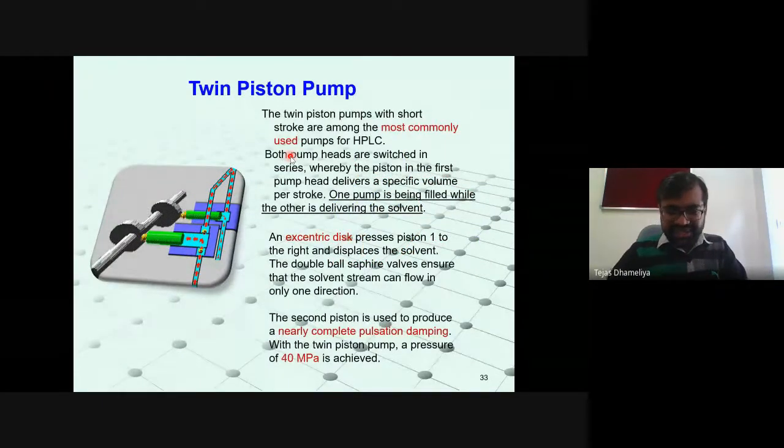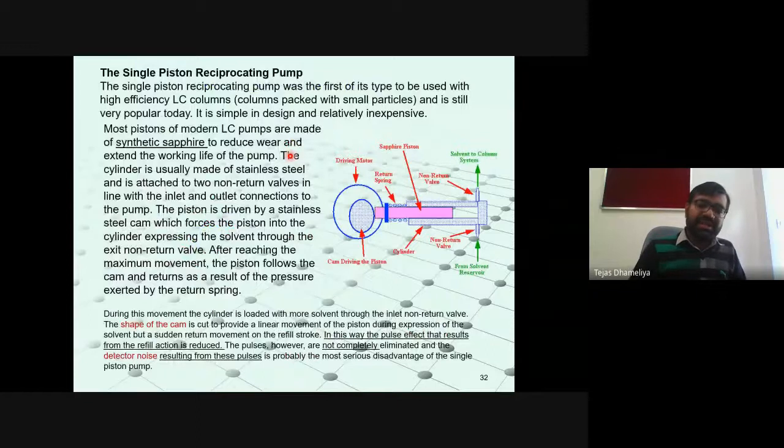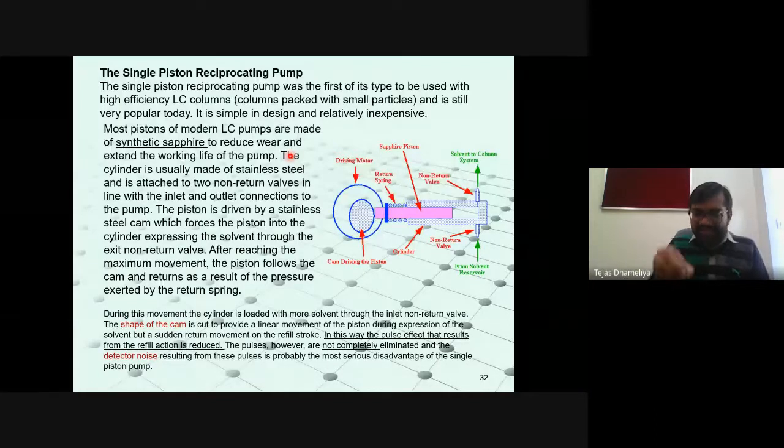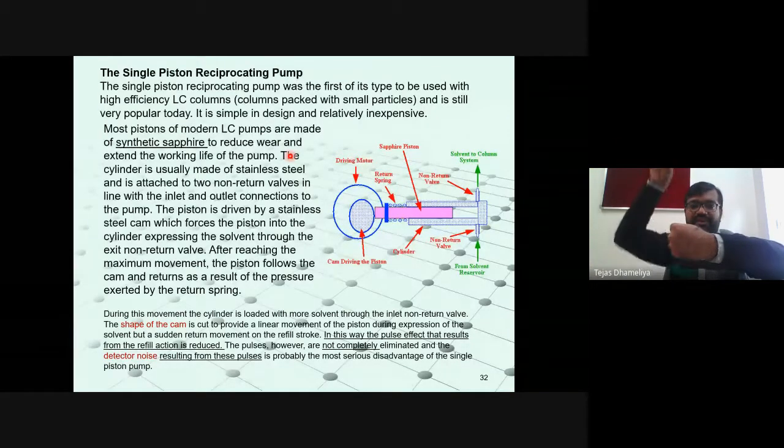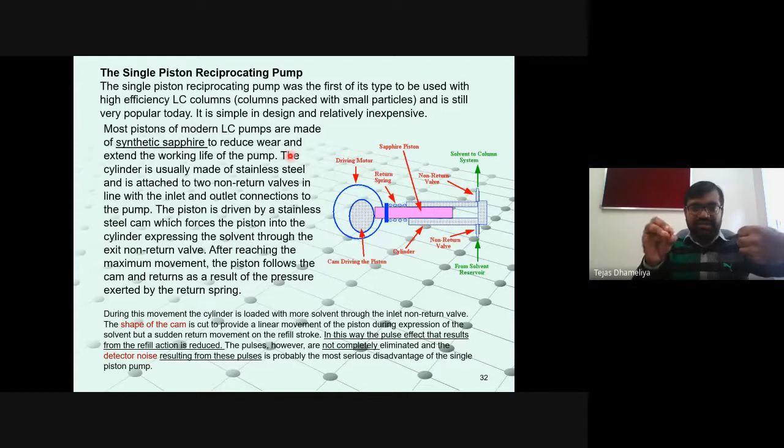But the single piston has a limitation. What will the limitation be? This is not giving a constant pressure. Why? Because once this piston goes back, the solvent comes up from the solvent reservoir, then the piston goes forward, and the solvent moves forward. Again, the piston goes back, the solvent comes here, and then the piston comes forward.